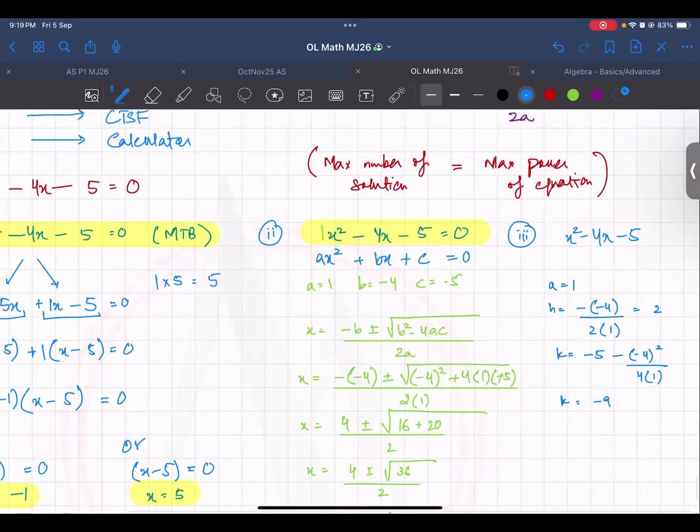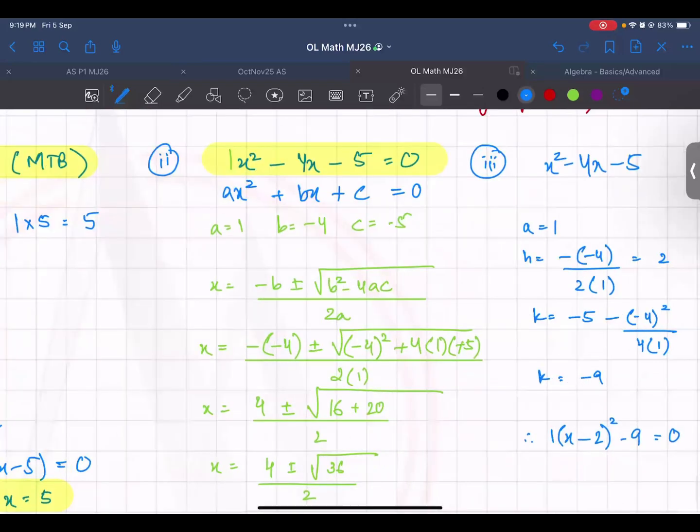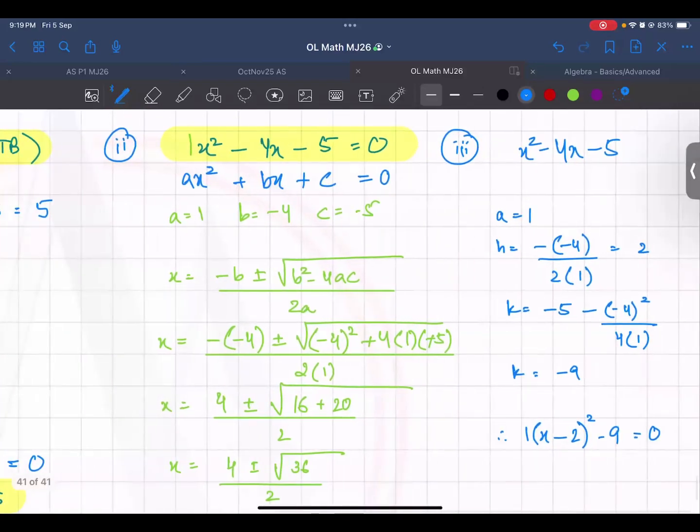So this becomes 1 times (x minus 2) whole square minus 9 is equal to 0. Okay, this is how you would convert it into completing the square.